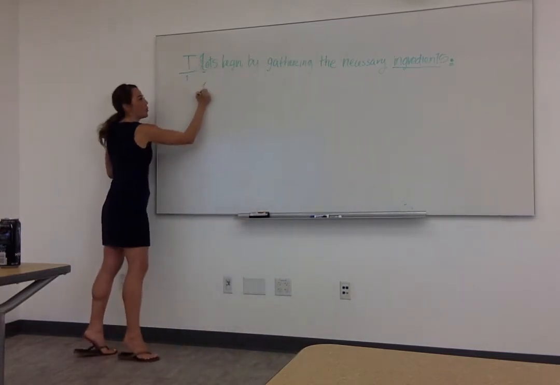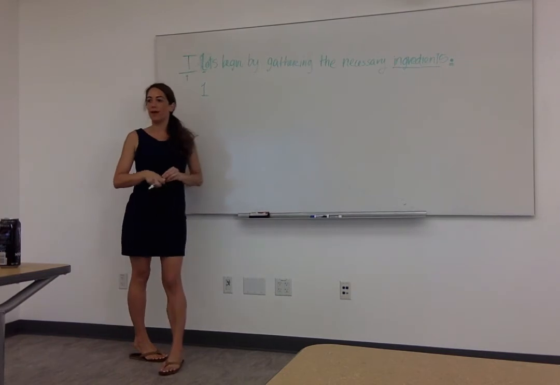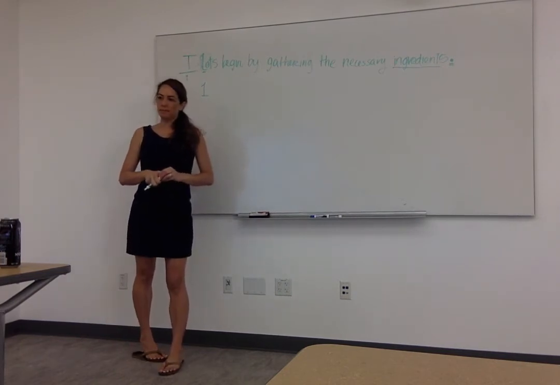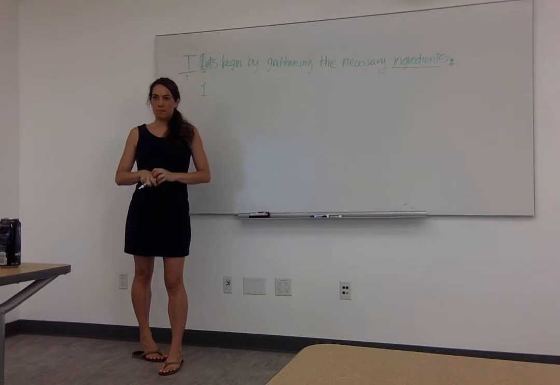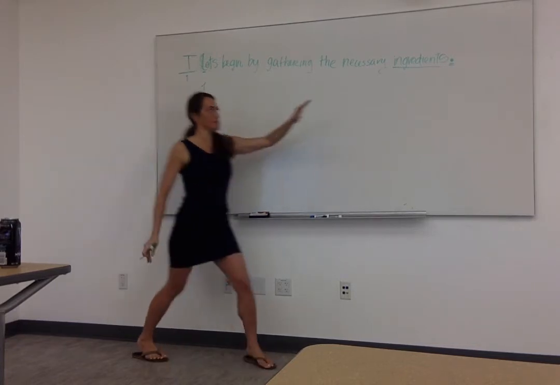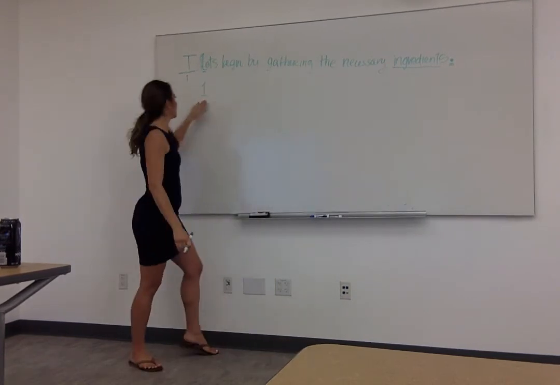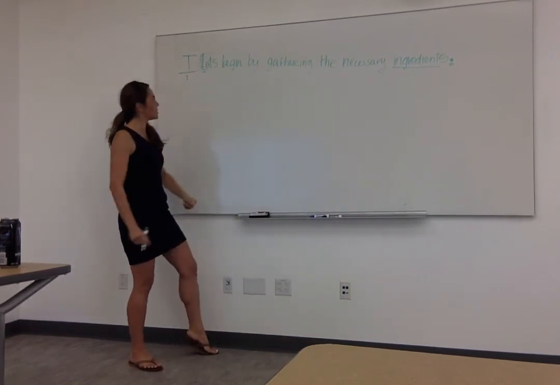Fantastic. So I'm going to put a 1 here to start talking about the flour. Is that correct? Look at your symbolization that you wrote down. Yes, it's an A, because it's our first subpoint, also known as our first ingredient, because this is what we are starting out with.